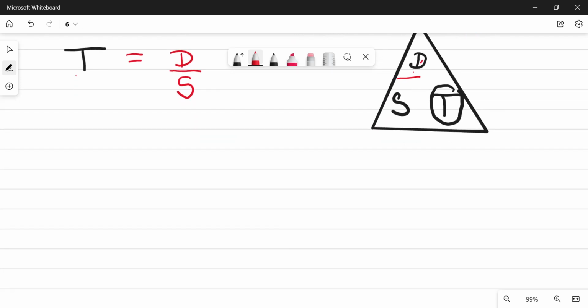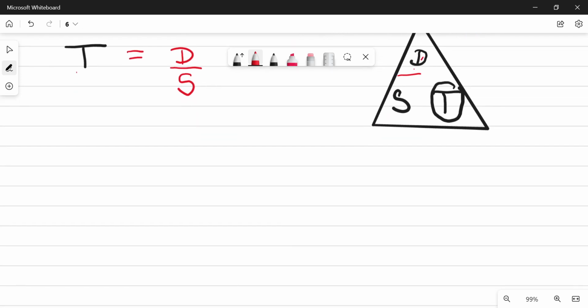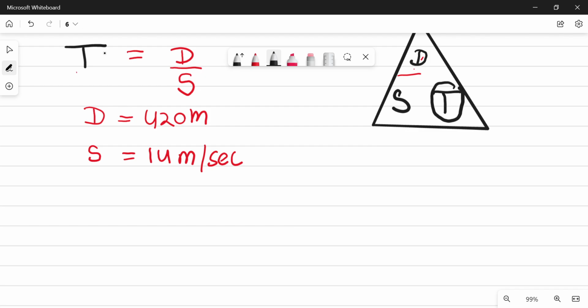Now let's take one example. Suppose distance is given, that is equal to 420 meter, and speed is given, which is equal to 14 meter per second. Beta, always remember if distance is in meter, then speed should be in meter per second.